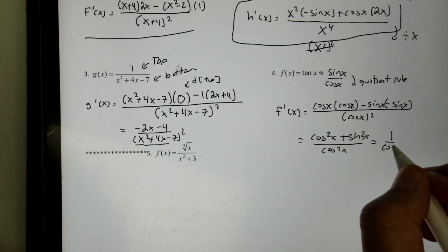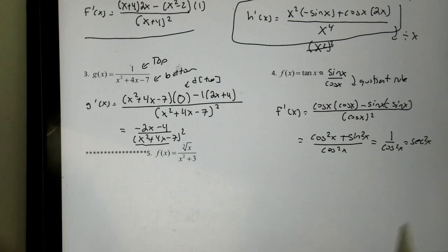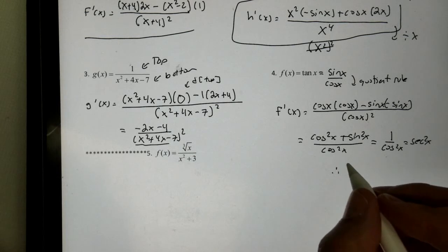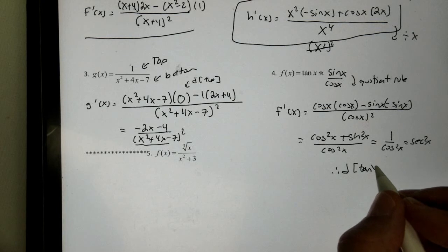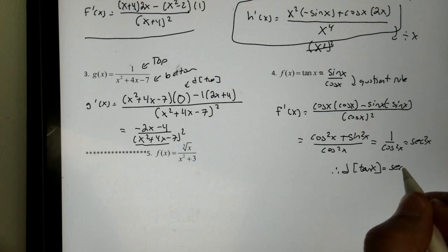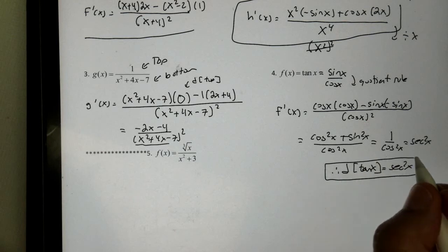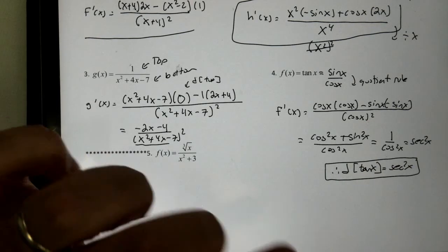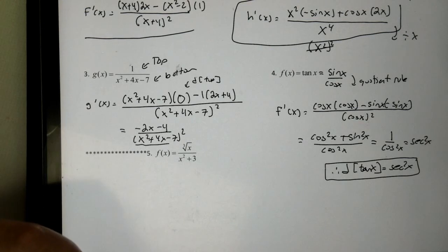So this becomes 1 over cosine squared of x, which is just the secant squared of x. So therefore, we can actually say that the derivative of tangent of x is secant squared of x. And yeah, you're going to have to remember that one. Later on, we're going to talk about the derivatives of all the other trig functions too, cotangent, secant, and cosecant.